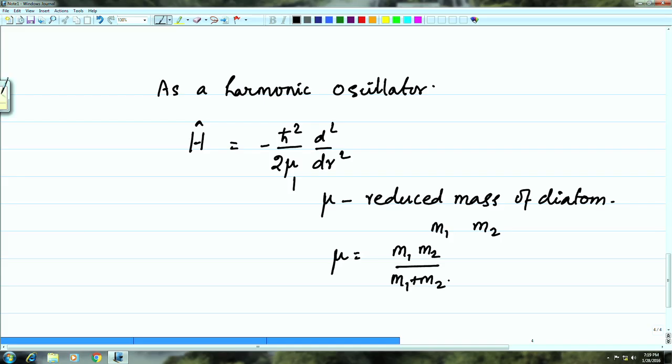This is the kinetic energy, and the potential energy for the harmonic oscillator comes from Hooke's law and is expressed in terms of the force constant, k r square, where r is the displacement from equilibrium.